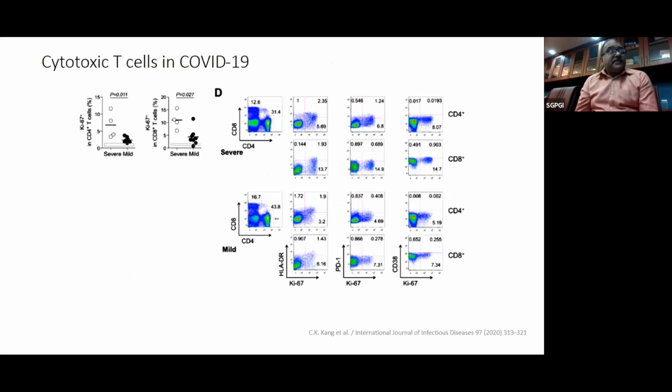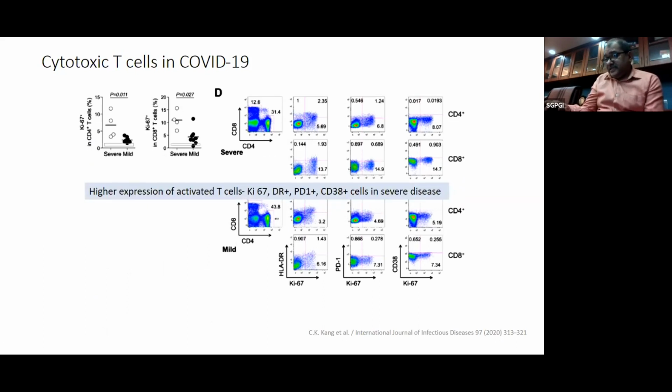The cytotoxic T cells, which we also call CD8 positive T cells, are, as we can see here, highly activated. The activation markers are Ki67 positivity or HLA-DR positivity. As compared to mild, the severe patients will have a lot of activated cytotoxic T cells.